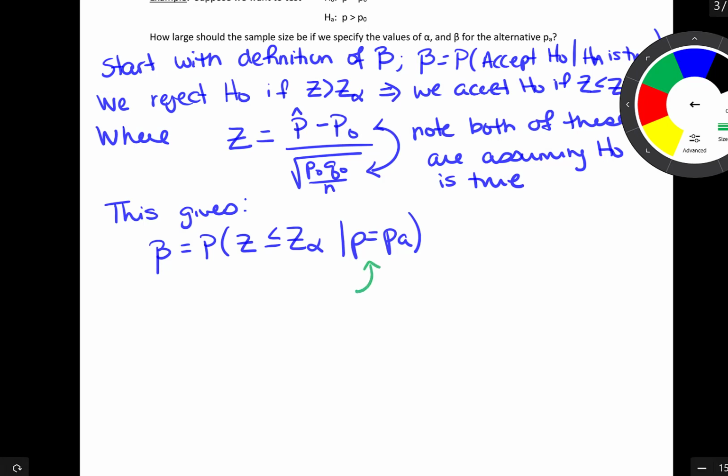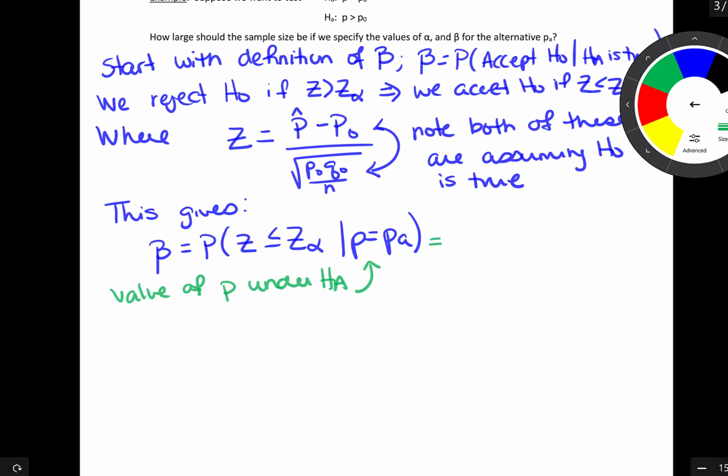So that's why here in the conditional, this is going to be the value of P under HA. And so remember, we've talked about before, whenever we calculate type 2 probabilities, we do have to specify a specific place in the alternative hypothesis. So this is why it's so important with your subscripts here that you're really being clear. Are you considering the value under the alternative, or are you considering the value under the null?